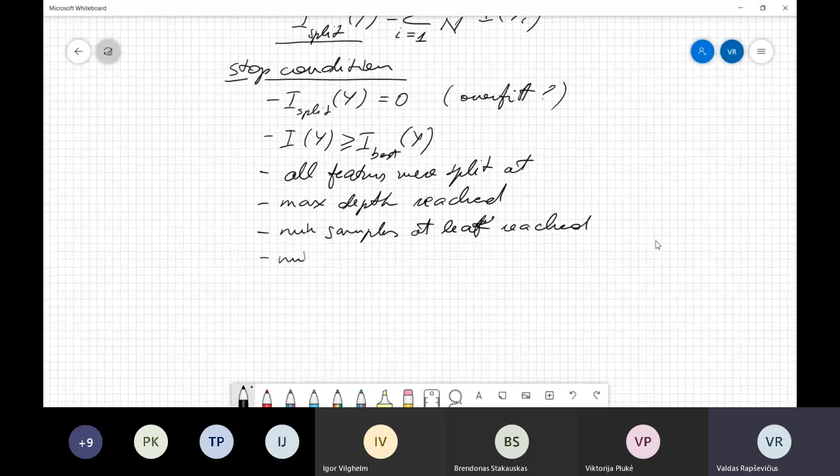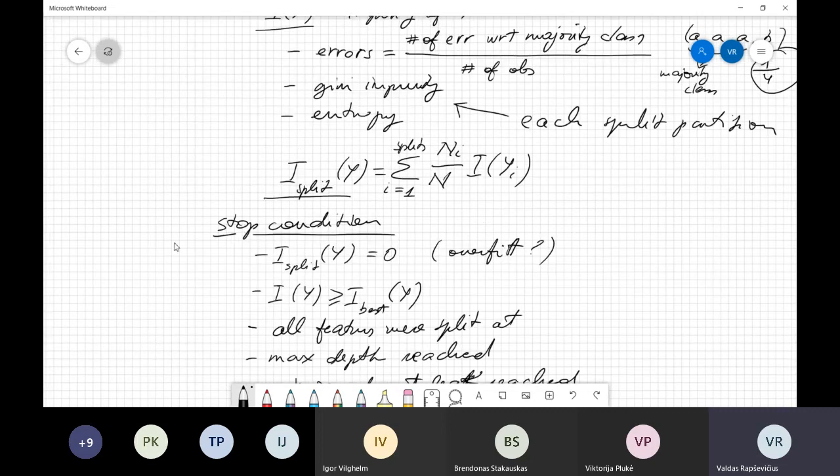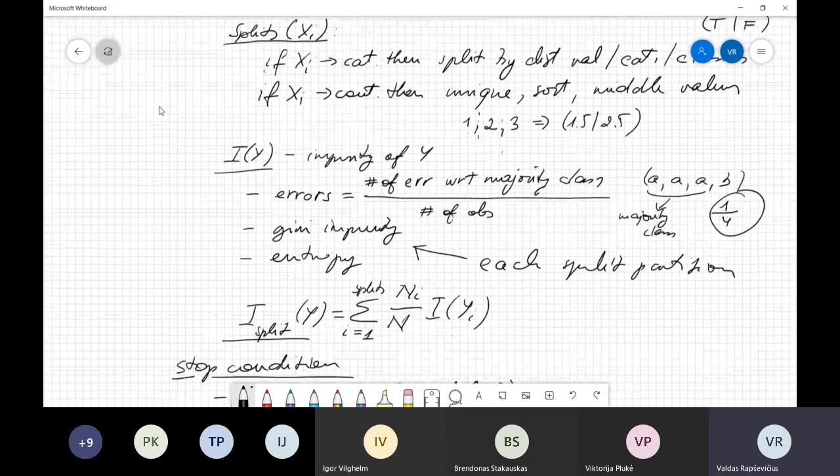Or some minimum impurity decrease threshold reached, and so on. There could be some more conditions or combined conditions that you decide to use to stop splitting.